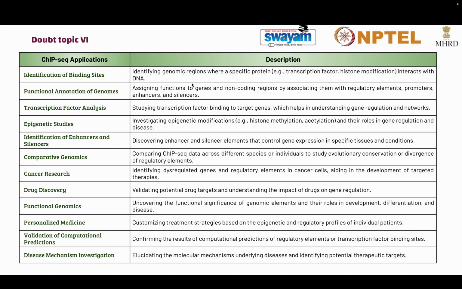So when we are identifying those genomic regions which are performing this binding, we say it is an application of ChIP-seq. But when your purpose is only to sequence the genome, then you don't go for ChIP-seq, because ChIP-seq has its role in protein and DNA binding interactions, not in sequencing. And you cannot say that ChIP-seq can replace RNA-seq, because the functions of ChIP-seq and RNA-seq are entirely different.